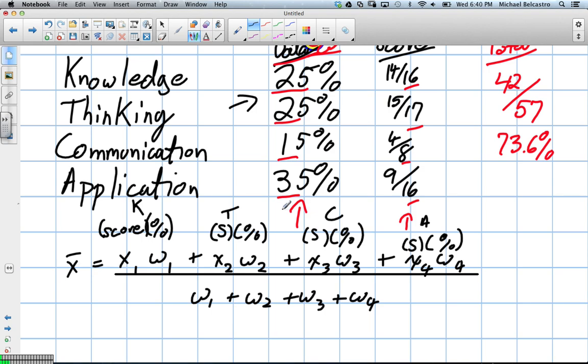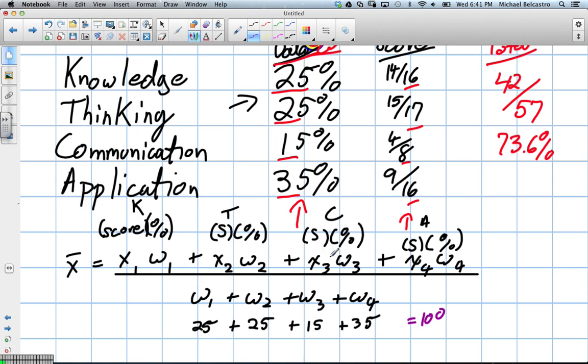So W1, our knowledge weighting, was 25, plus thinking weighting was 25, plus communication was 15, plus application was 35. Do you know what those all add up to? 100, right? And that makes sense. Now, our weightings might not always add up to 100. And if they don't, it's important that whatever the weightings are, we divide by that value. Because this one's 100, it makes it a little easier. But if it only added up to 50, we need to divide by our 50.